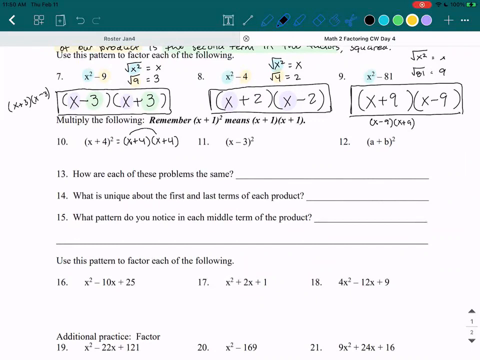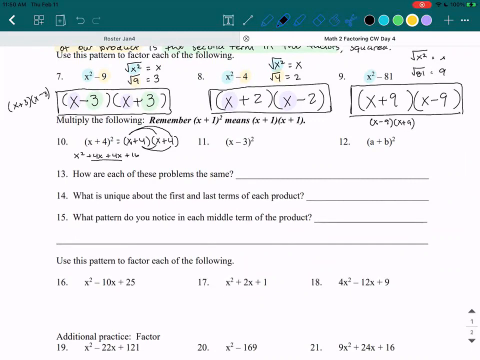So we have first, x times x gives us x squared. Then we have our outer. So x times 4 gives us plus 4x. We have our inner. 4 times x gives us plus 4x again. And then we have our last. 4 times 4 gives us 16. And as usual, we must combine the middle two numbers.